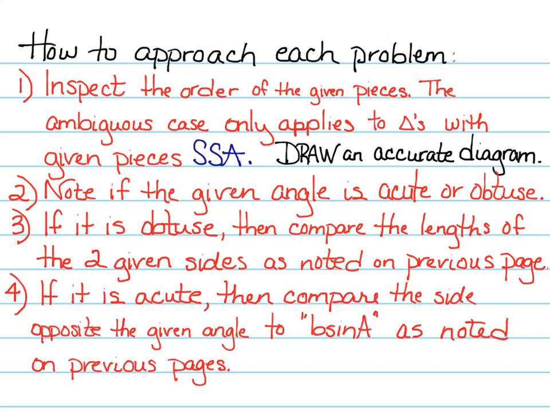If it is acute, then compare the side opposite the given angle to B sine A, as noted on the previous pages. So in the next video, I'm going to go through some examples, but I hope that helps explain why this particular order of numbers creates this ambiguous case.